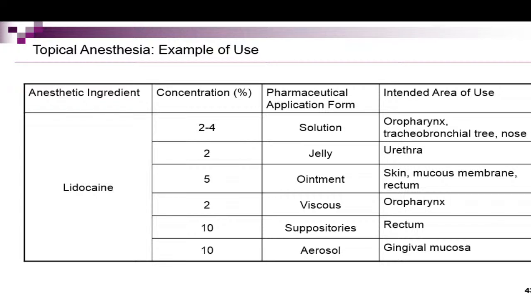In form of jelly, we should place the anesthetic solution into the urethra before catheterization. We can apply a small portion of anesthetic jelly on the urethral catheter and insert the catheter in a painless mode to the urinary bladder for emptying of the urine.